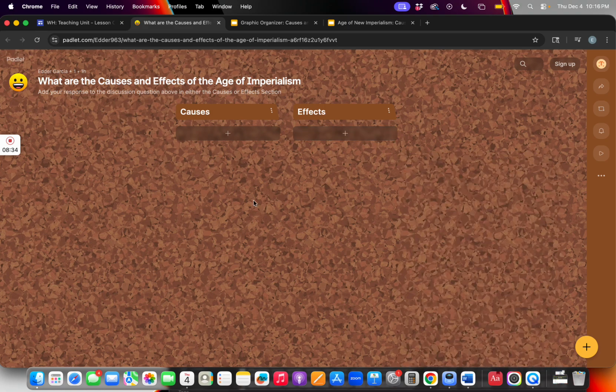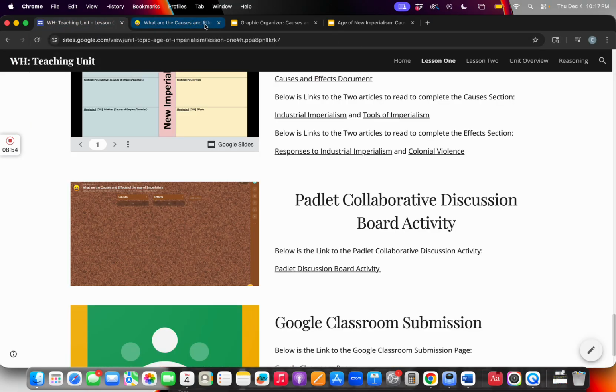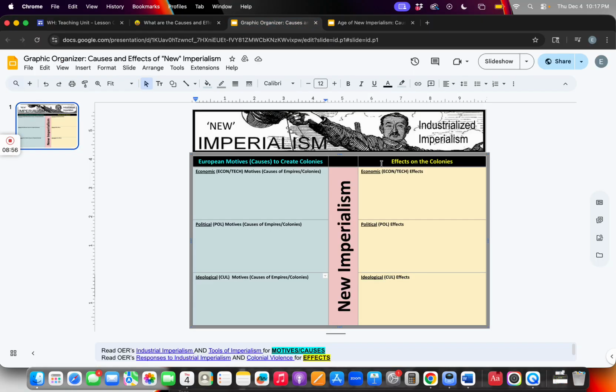And then after you've written and shared your idea, your next task is to read what your classmates have posted and obtain one idea from them and include it in your own words on the opposite section that you did not complete.